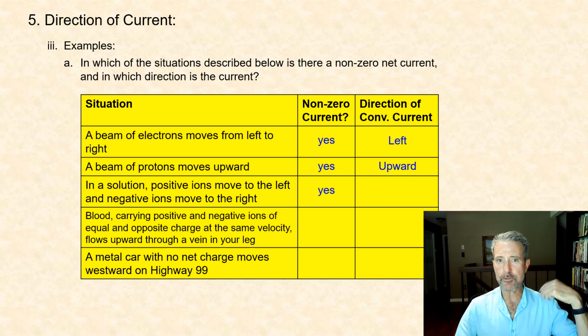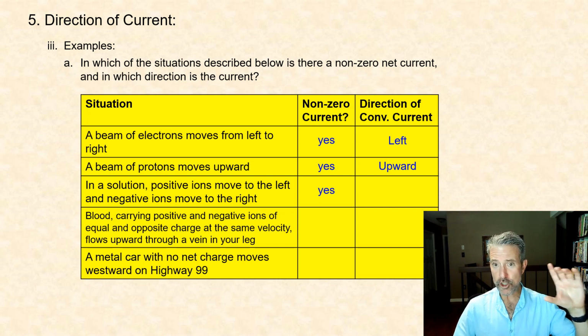Remember we said that if positive charge carriers move in one direction, having negative charge carriers move in the opposite direction is completely equivalent, so long as we've got the same magnitude of charge moving per unit time in each case. So negative ions moving to the right is completely equivalent to positive charge carriers moving to the left, in which case both sources of moving charge contribute to conventional current to the left.